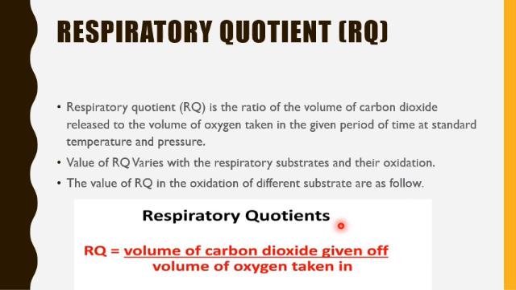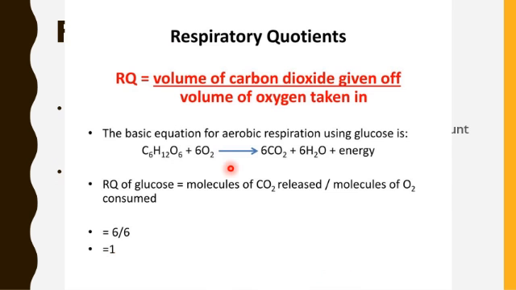So this is the formula of the respiratory coefficient, that is the volume of carbon dioxide given off, or evolved, to the volume of oxygen intake. This is the basic equation where we use glucose as the respiratory substrate. It is a simple equation.